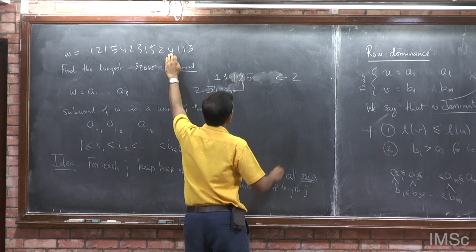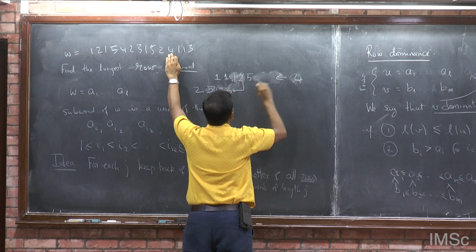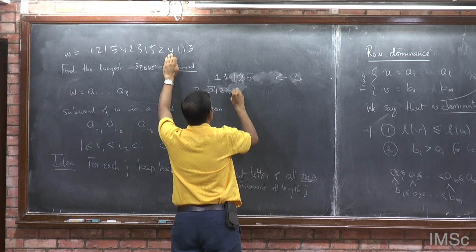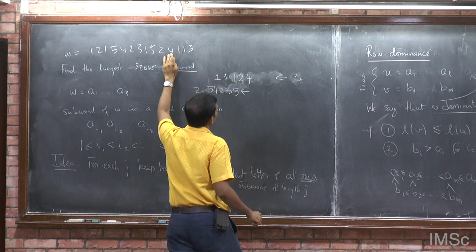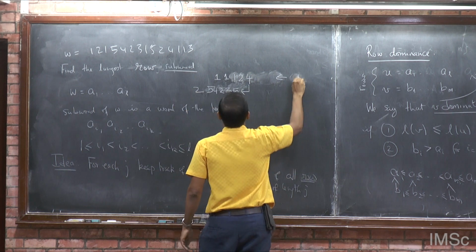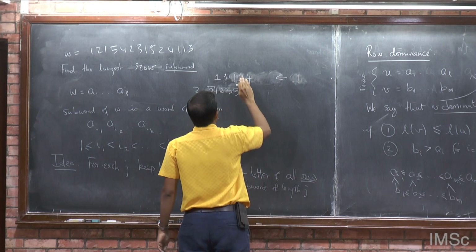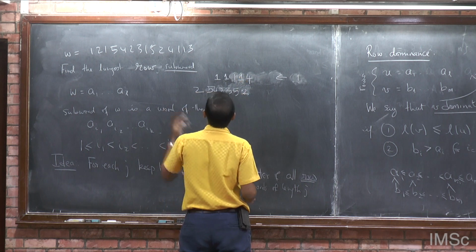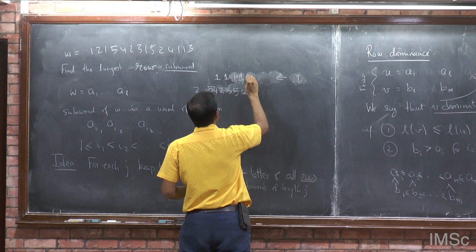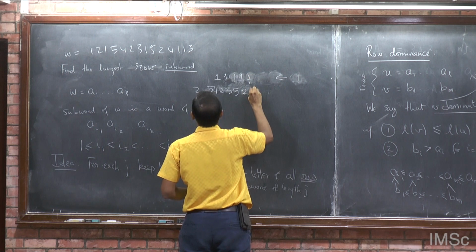Then I have a 4, so I throw out the 5 and I put in the 4. Then I have a 1, so I throw out this 2 and I put in a 1. And then I have another 1, so I throw out this 4 and put in a 1, and then I have a 3.